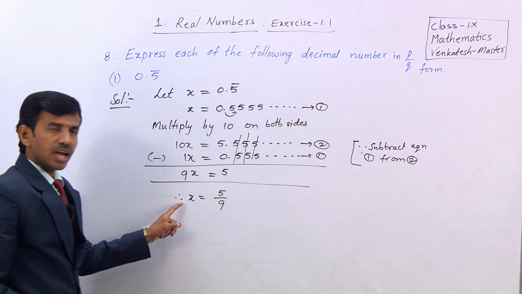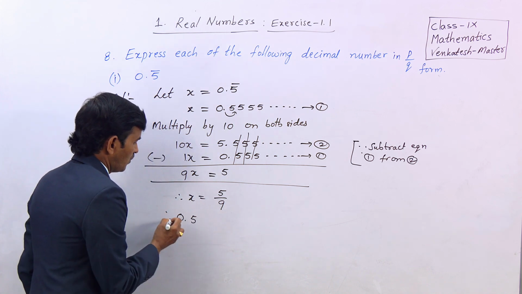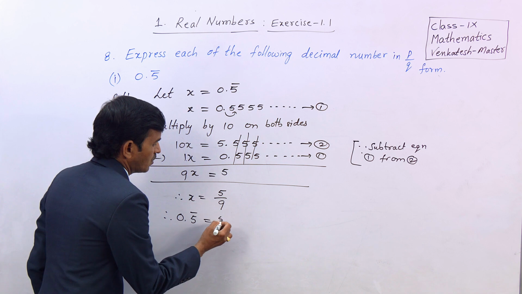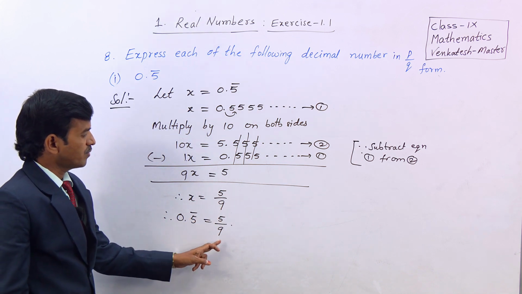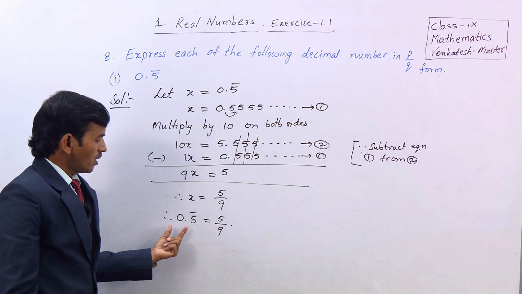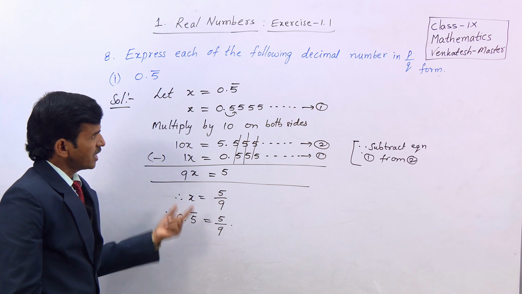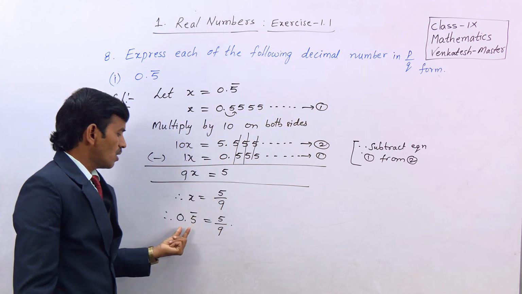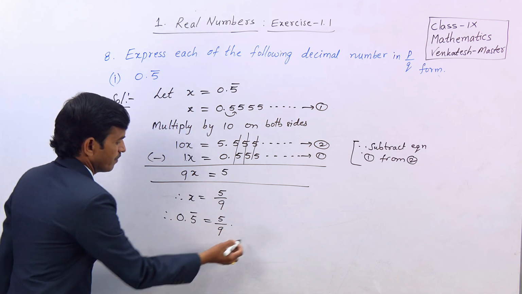But what is x actually? 0.5 bar. Therefore, 0.5 bar is equal to 5 by 9, which is the required P by Q form of the given neither terminating nor non-repeating, but repeating decimal. Here as 5 is repeating, the value is 5 by 9.